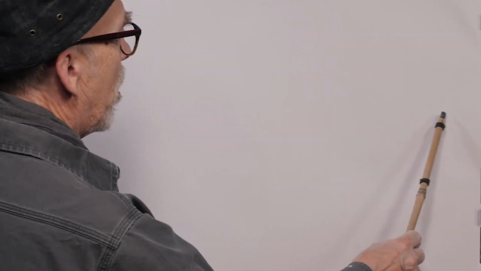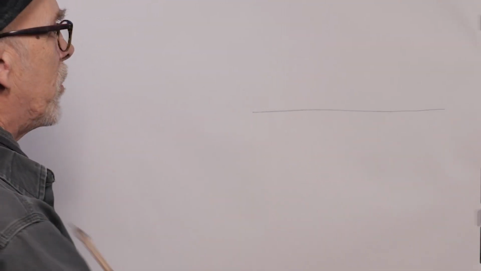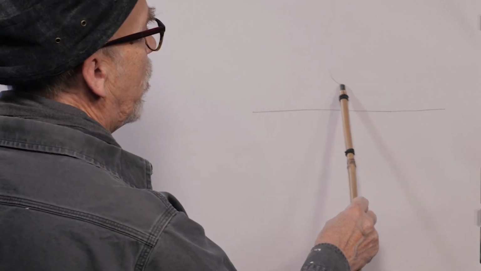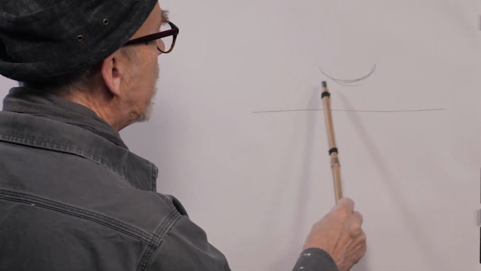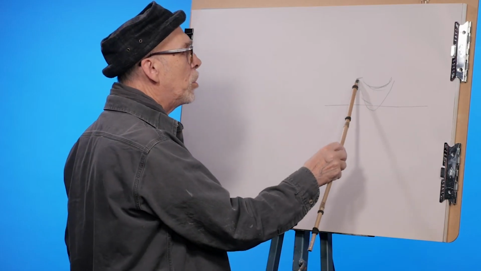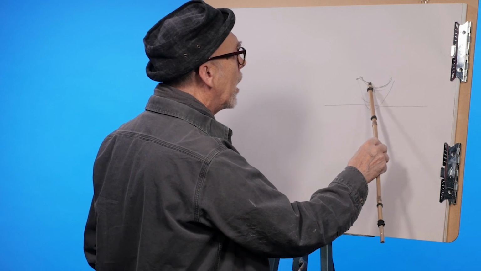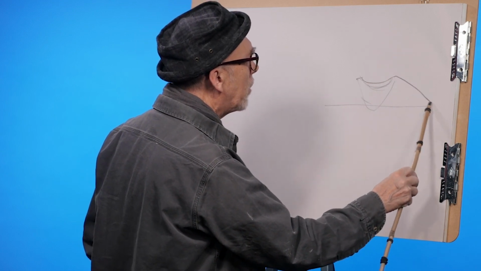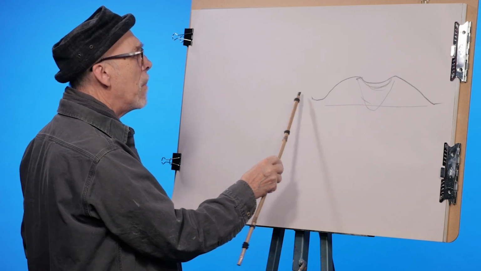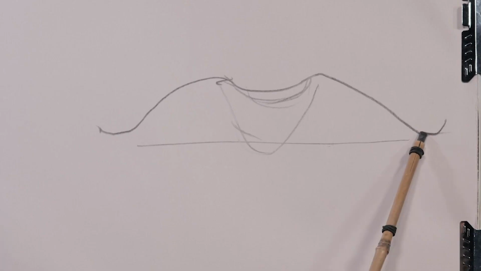But I'm going to just start off with a generic mouth, and I'm going to talk a little bit about the three parts. The first part is the milk tooth, and also I'm going to talk about the Cupid's bow, because that's kind of a memorable thing.